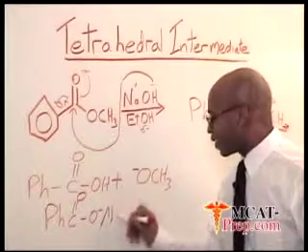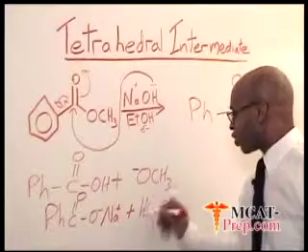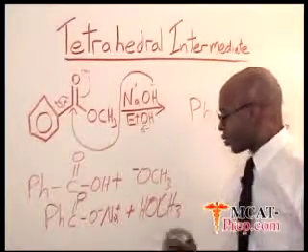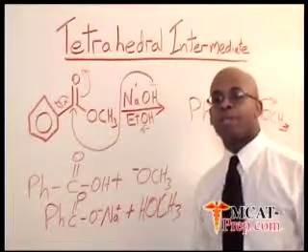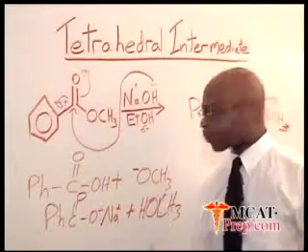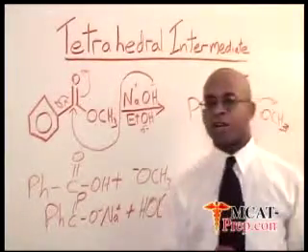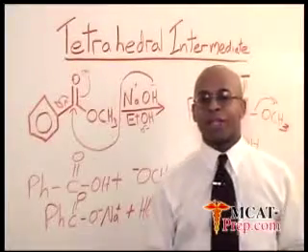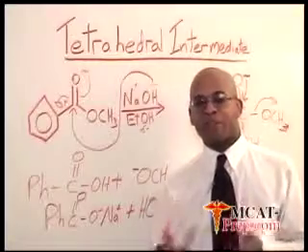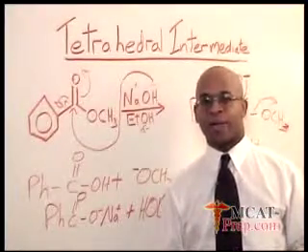So that brings us our salt, Na plus, and then this is plus HOCH3. So this is our neutral compound, which is methanol. And here is our salt. So we have an acid plus a base, gives you a salt plus a neutral compound. So we've come to the final conclusion of this particular reaction. But the whole reaction is based on electronics and very basic rules of organic chemistry.